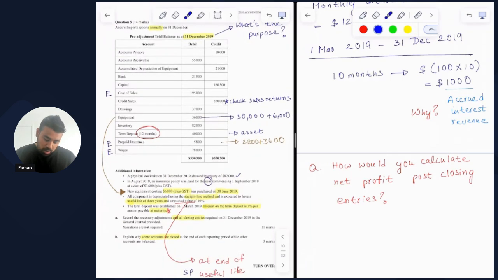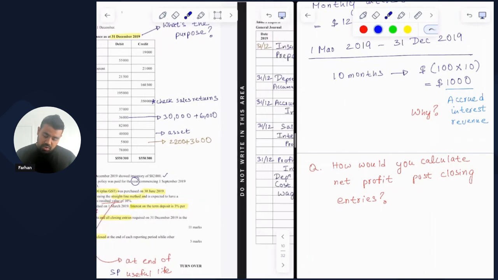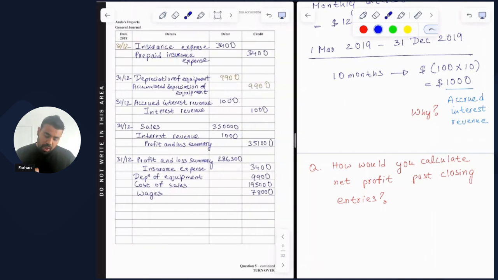All right. Okay. So you can see that we are given the credit sales of $350,000. Now, always check for sales returns as well, because if you have sales returns, then it is going to have an effect when you're recording the journal entries. All right. So how do we close these revenues?